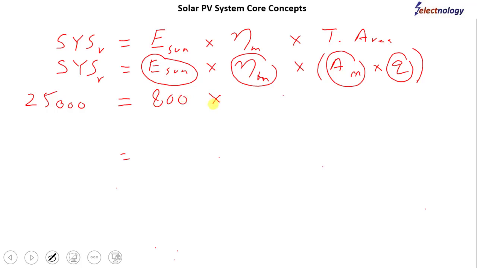And for efficiency, the 20.6% specified by the manufacturer is at STC condition. What is STC condition? If you remember, the temperature of the PV module should be 25 degrees centigrade. Later we will see that we can find the efficiency of the PV module at different temperatures, which is also given indirectly in the data sheet.